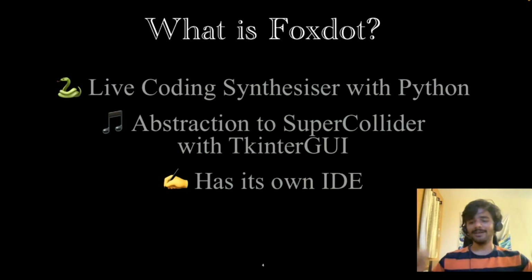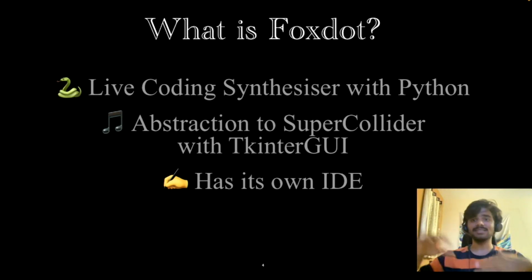So what is FoxDot? FoxDot is a live coding environment where you can actually write Python to make music. What FoxDot lets you do is it gives you a computerized synthesizer. What is a synthesizer? How much time do you have? A synthesizer is just an electronic musical instrument that looks like a keyboard, but it has a bunch of tuner knobs where you can generate waveforms and tune those waveforms to sound different.